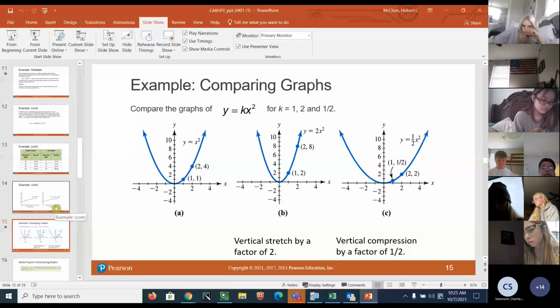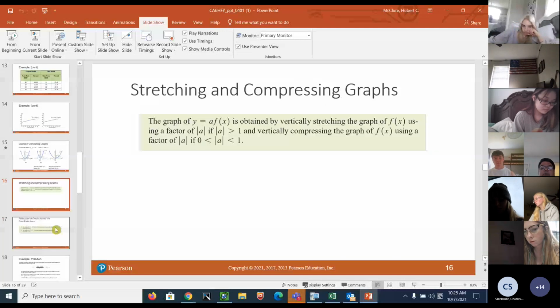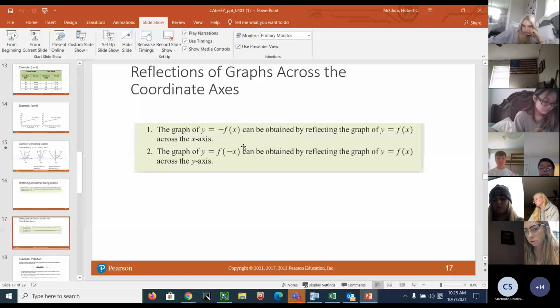I've already shown you this. I've already shown you this. Odd functions are going to be symmetric around the y-axis, no, around the origin, and even functions are going to be symmetric around the y-axis.